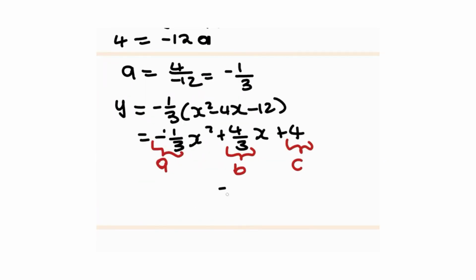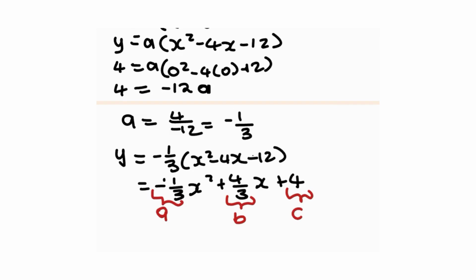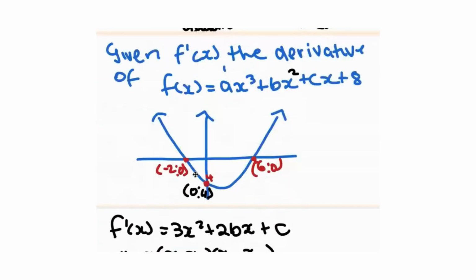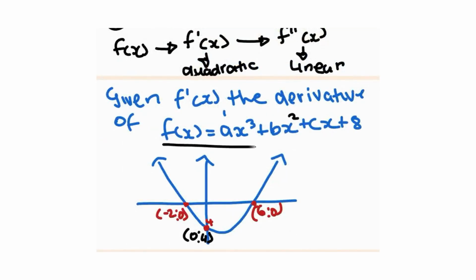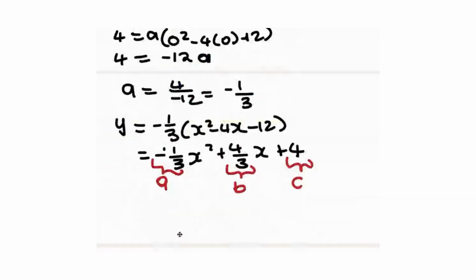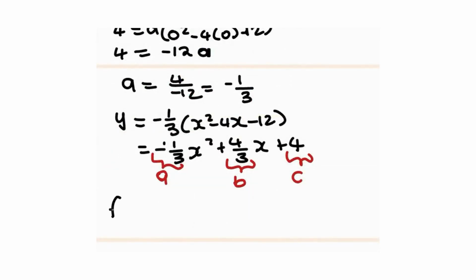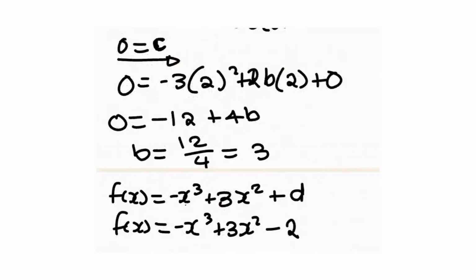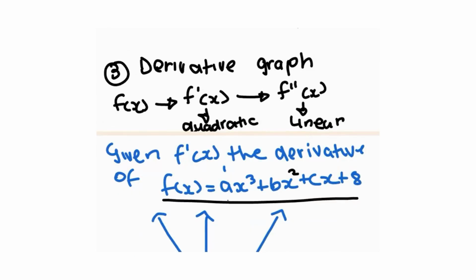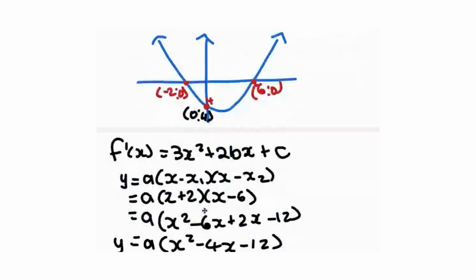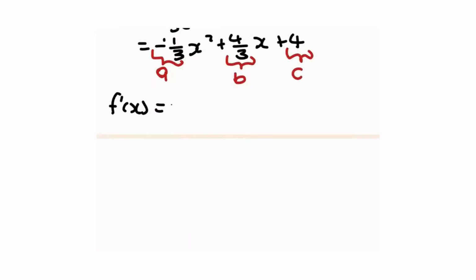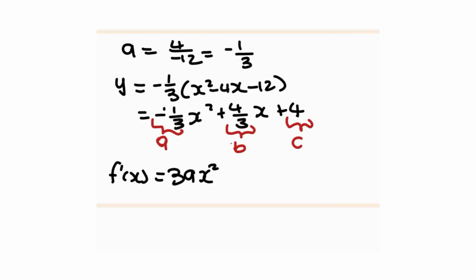Okay, from this now, if we bring the derivative of this original graph, we would say f prime x equals, if we derive your ax cubed, it is going to be 3ax squared.